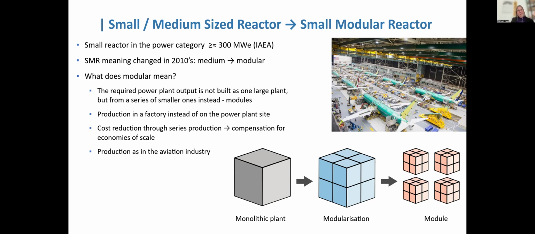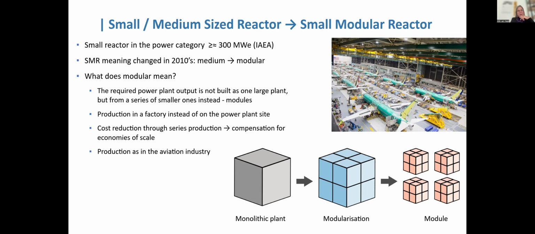Generally, both mean a small reactor in a category of about or less than 300 megawatts. There are also a few exceptions that go up to 470, but basically it's way smaller than the over 1,000 megawatts of the usual traditional big reactors. Now, what does modular mean?